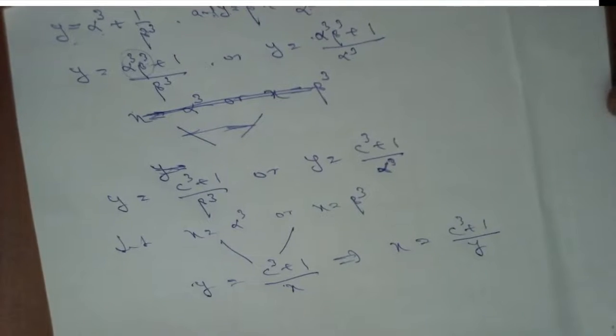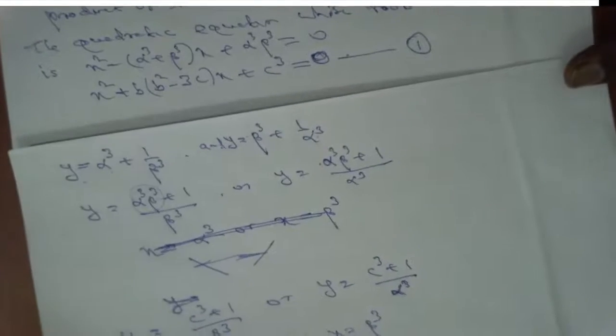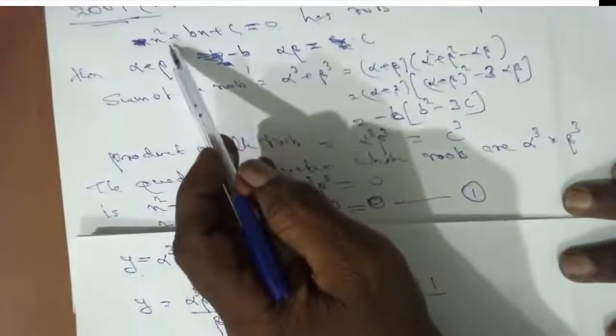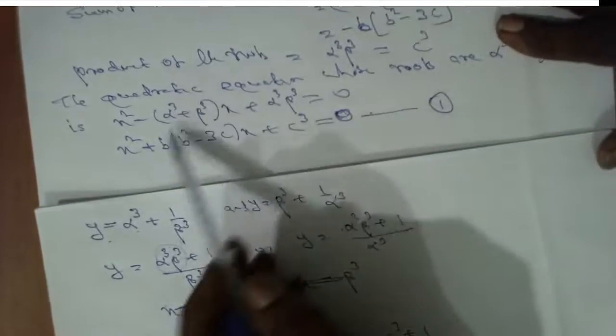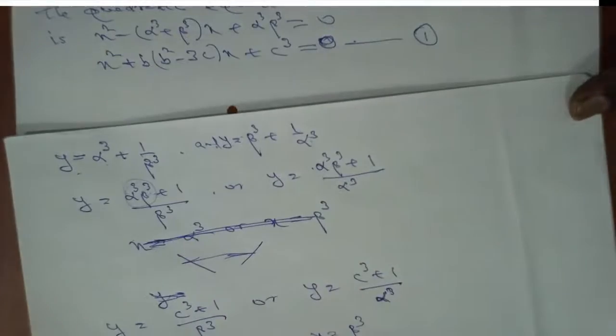The one we found. This x is x of that equation, because instead of alpha cube and beta cube, we put x. Therefore you have to substitute in this equation.